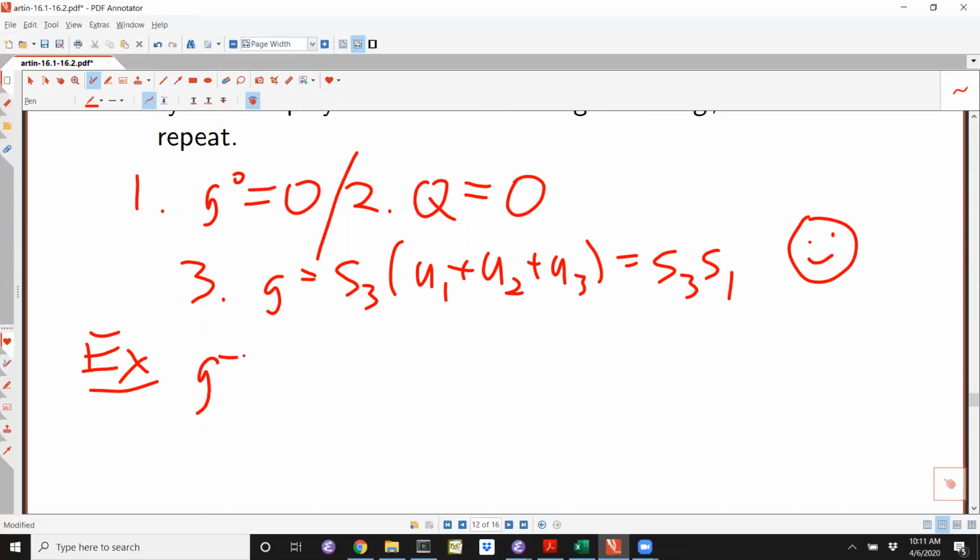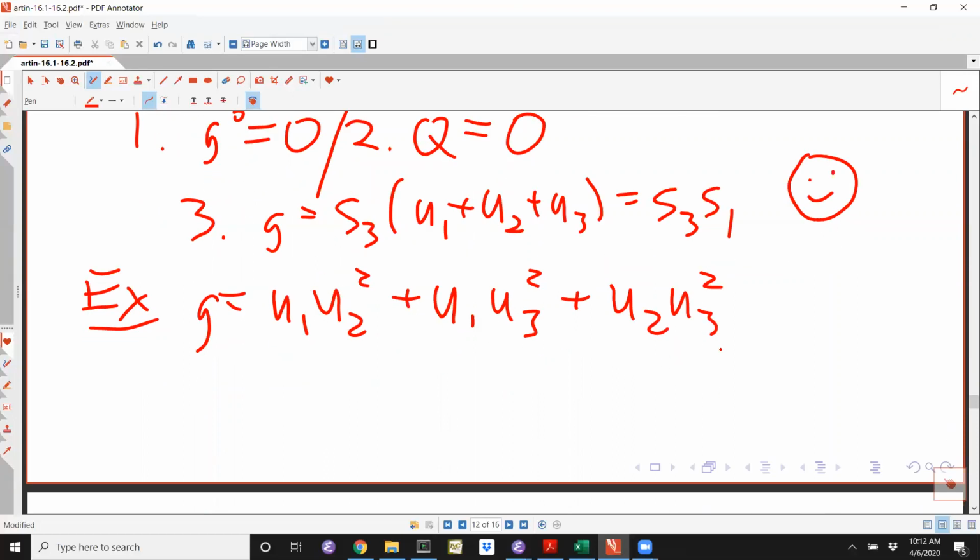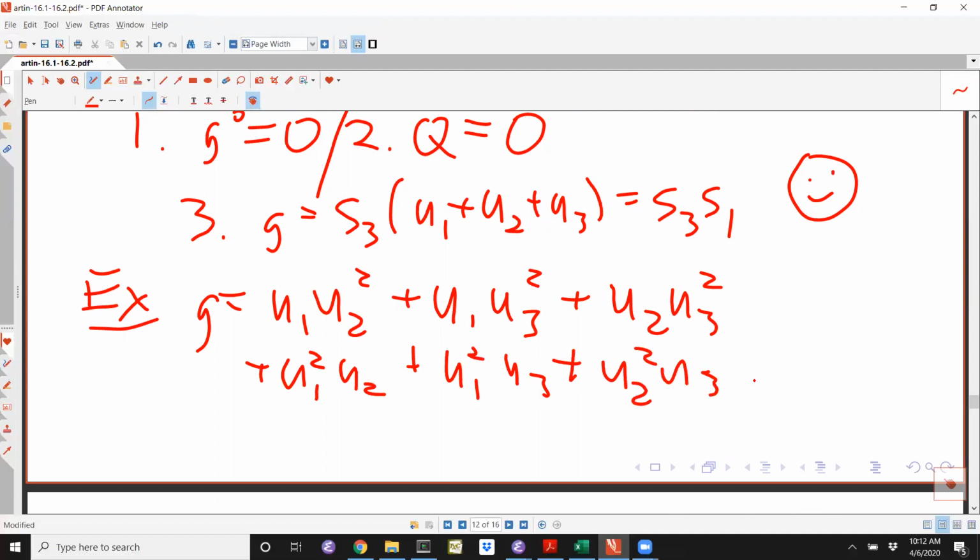Let me do G equals U1 U2 squared, plus U1 U3 squared, but it's also the same things in a different order: U1 squared U2, plus U1 squared U3, plus U2 squared U3. So there's a symmetric polynomial with 6 monomials in it.